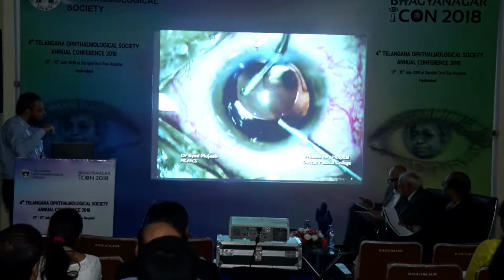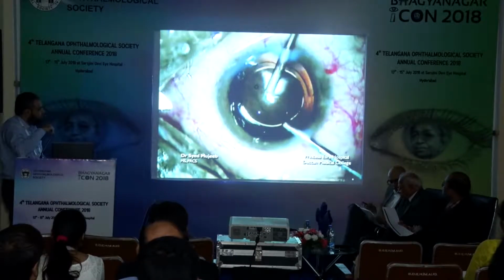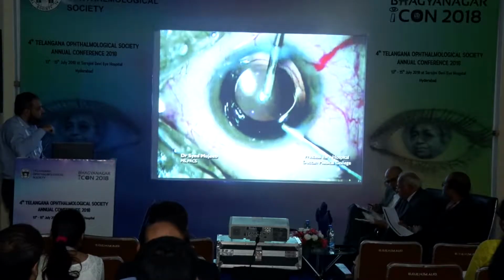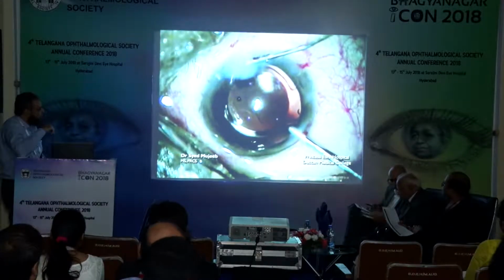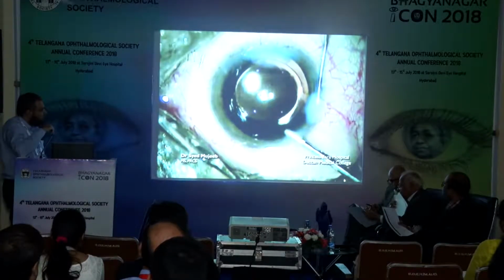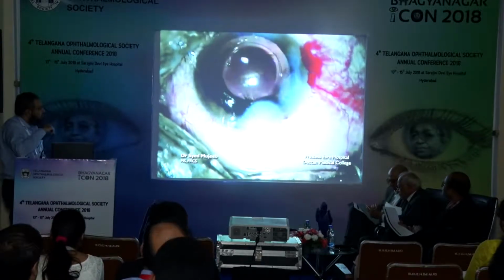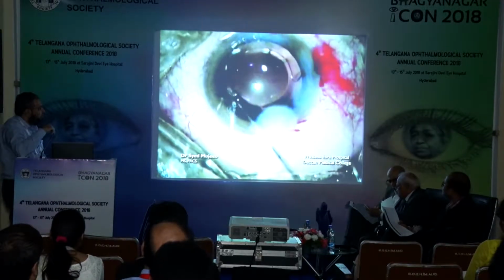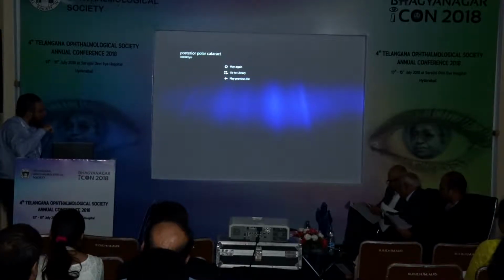The viscoelastic is washed out. The wounds are hydrated, and then only after that the irrigation cannula is removed. So that's the end of the surgery.